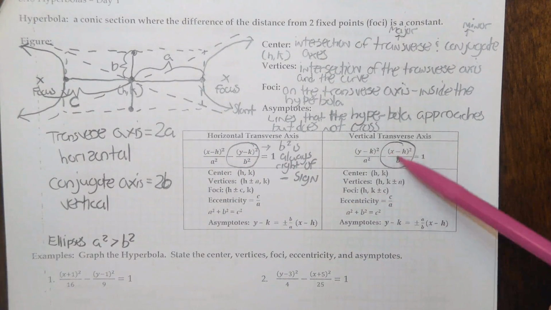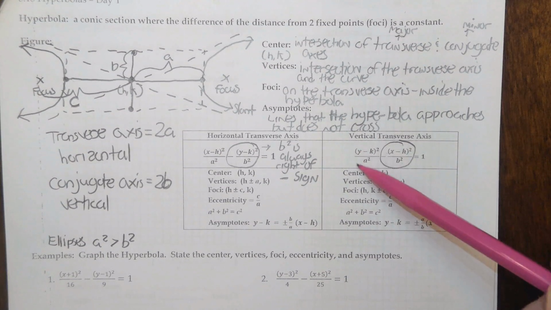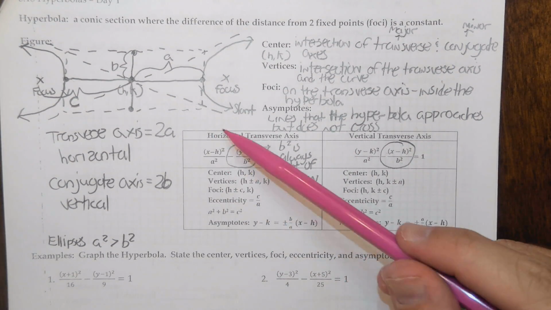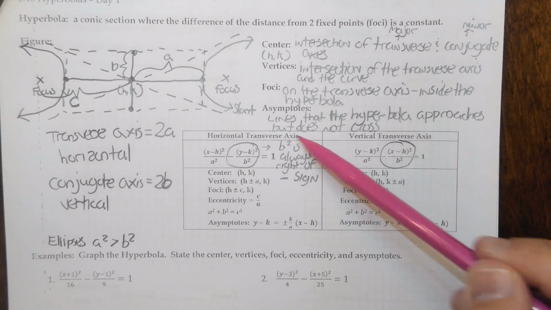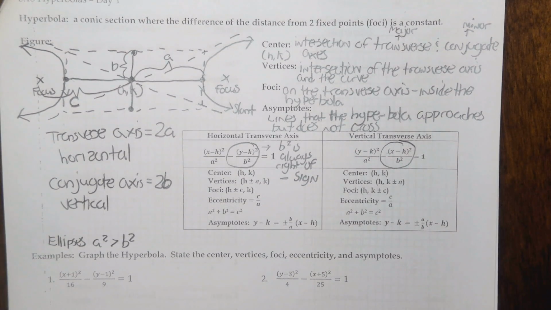When the negative sign is to the right of the x, we know the transverse axis is going to be vertical, because now a squared is under y. So just ask yourself, where is a squared? When a squared is under x, it's a horizontal transverse axis. When a squared is under y, it's a vertical transverse axis.